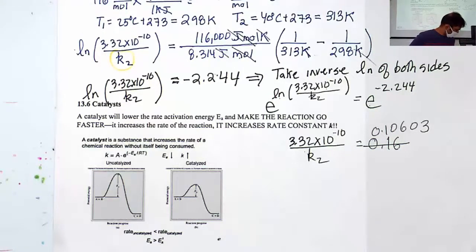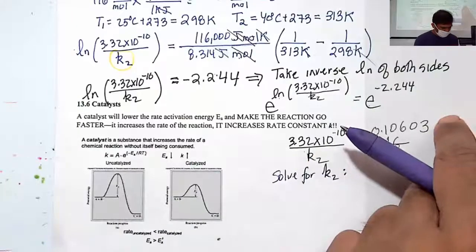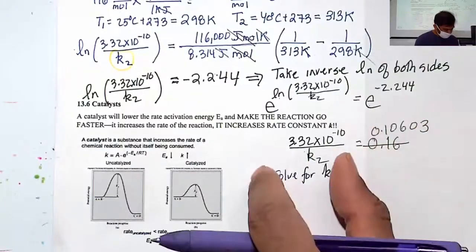And now I'll solve for K2 here. So for solving for K2, I'll put the K2 this way, and I'll put the 0.10603 down here.